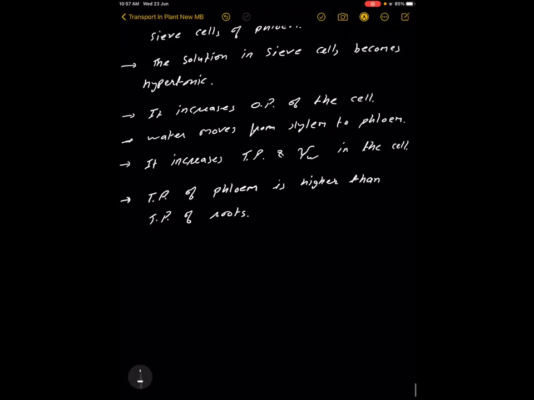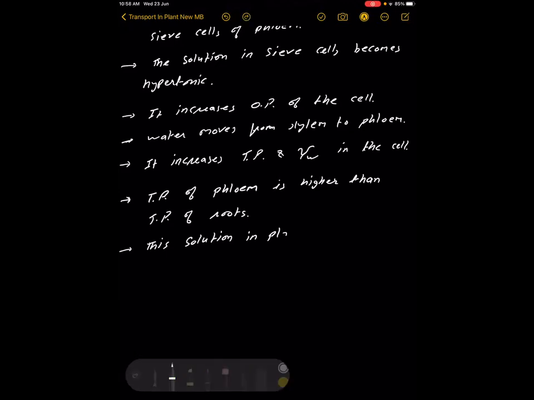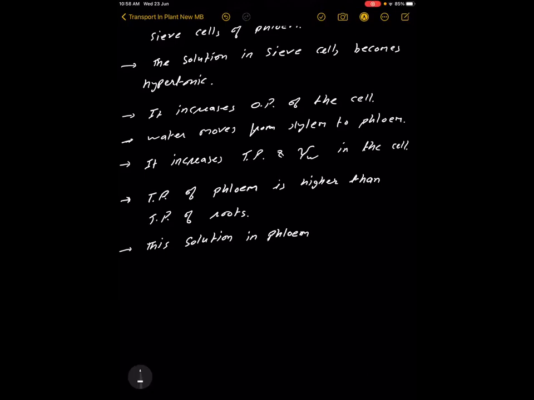So the solution in phloem moves from high turgor pressure to low turgor pressure.